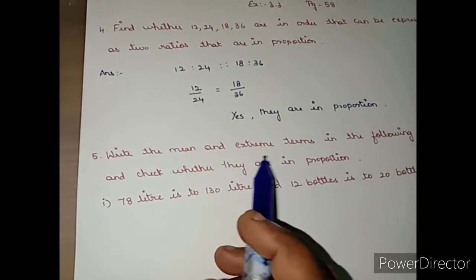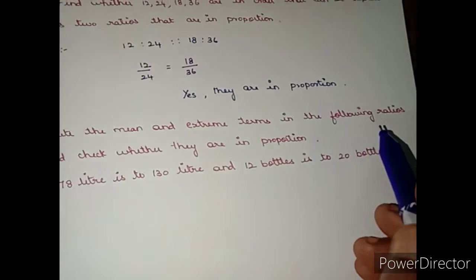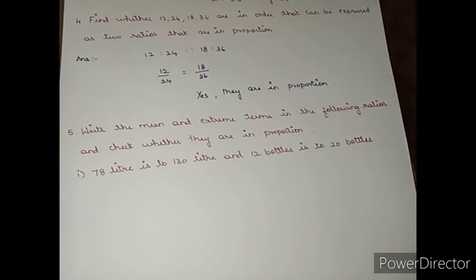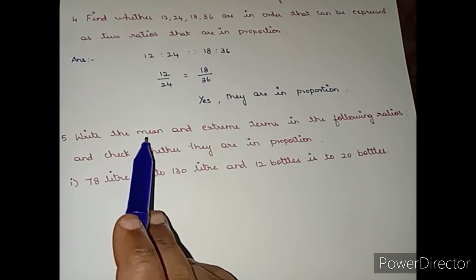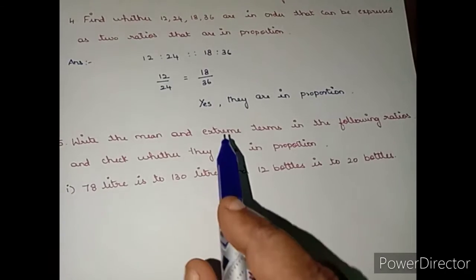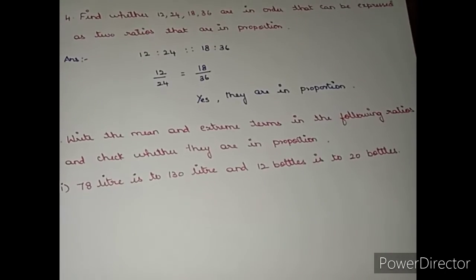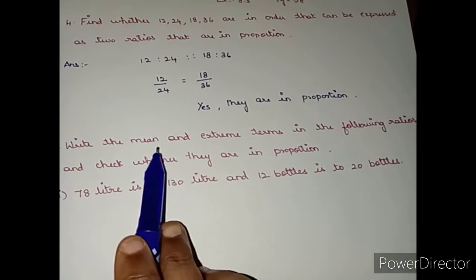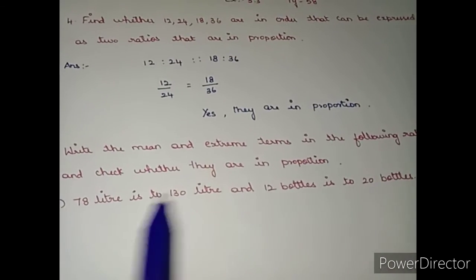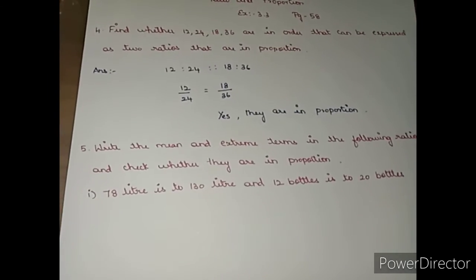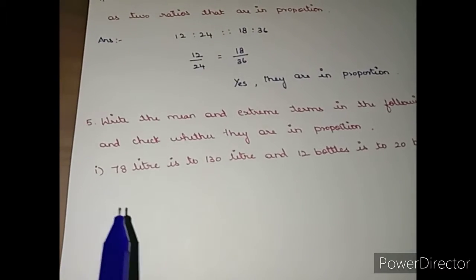Write the mean and extreme terms in the following ratios and check whether they are in proportion. We are going to find the mean. Mean is nothing but the middle one, and extreme is the outer one. We are going to find which is the bigger one and which is the smaller one in the given ratios, and also whether they are in proportion.